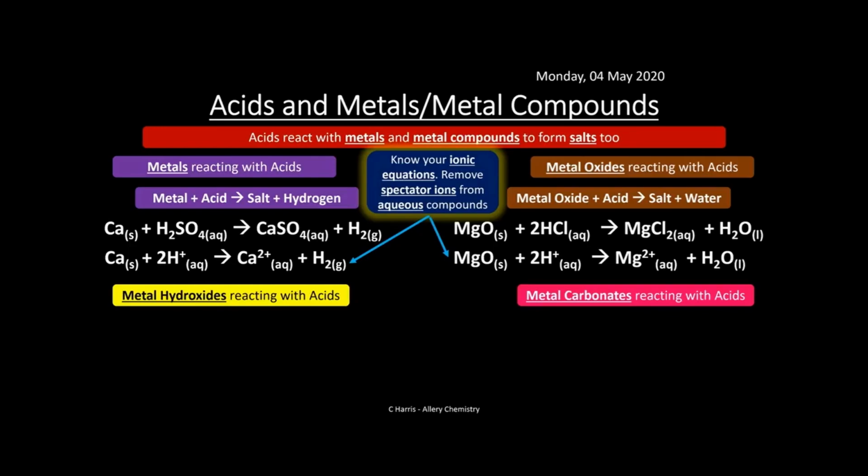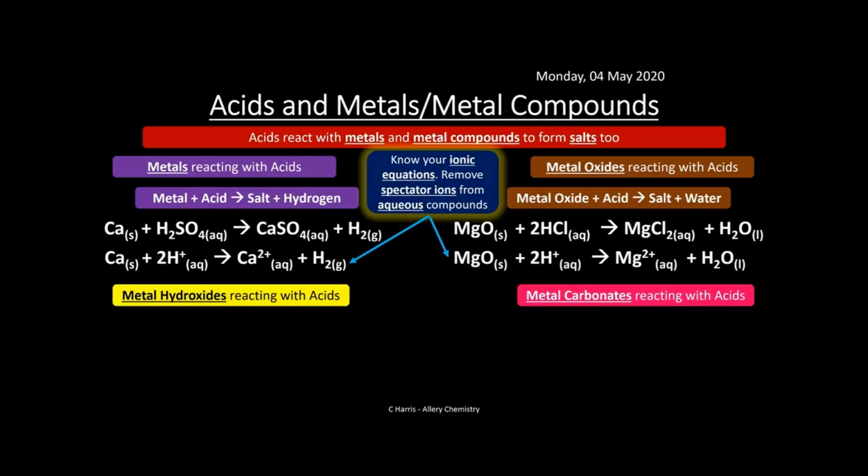And again, we write our ionic equation down. Our ionic equation shows us that we have MgO, which is a solid, H+ from HCl, and then we have MgCl2 and H2O. Now you'll notice here that we haven't split MgO. The reason why is we can only form ions which are in solution. So because magnesium oxide here is a solid, we can't split it into its ions. Anything that's like water, which is liquid, or solid, must remain as it is.